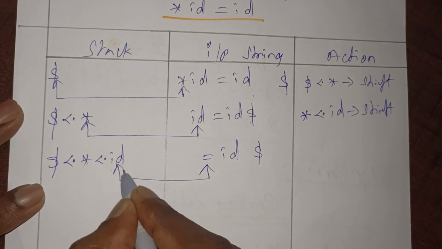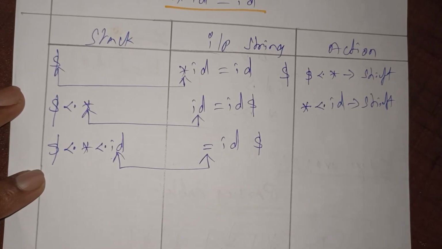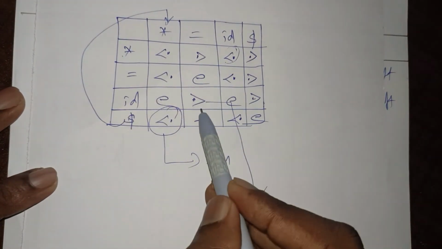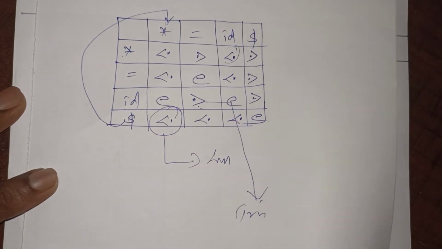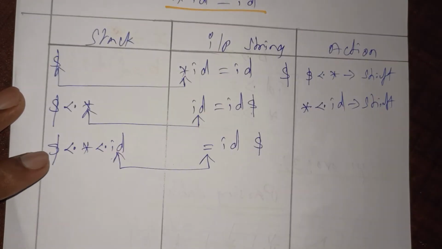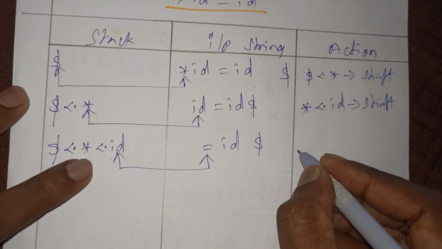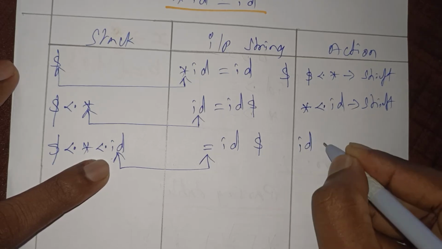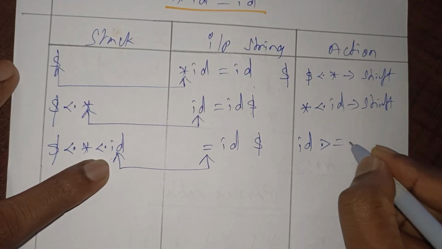The next thing, I'm comparing this id with equal to. You can see here id is here, equal to is here. We need to get the leading symbol, sorry, we are getting the trailing symbol. If we are getting the trailing symbol, I told you already we need to reduce. So I compared id and got the trailing symbol with equal to.